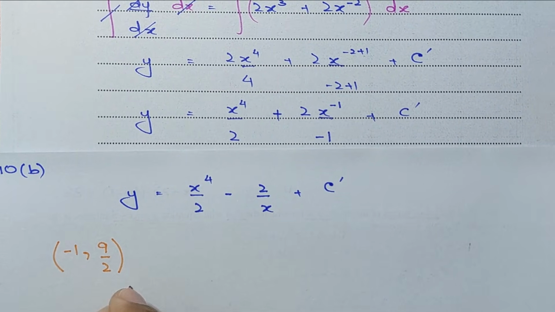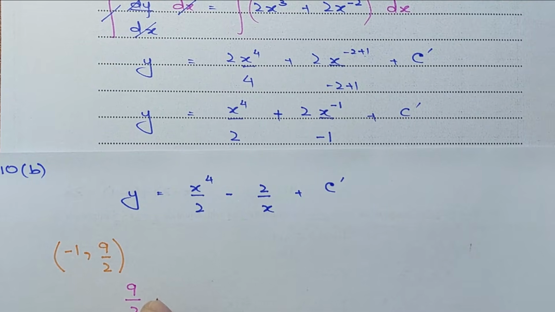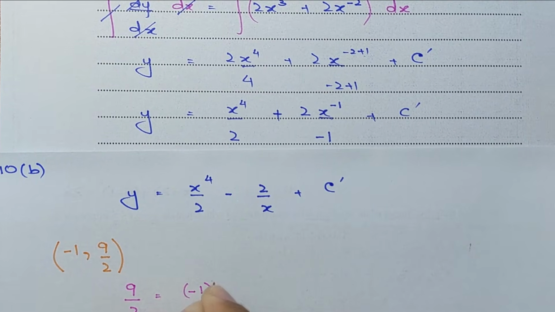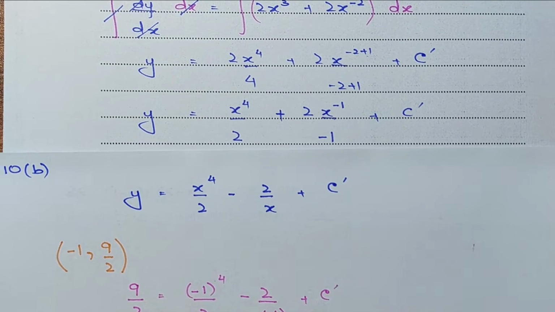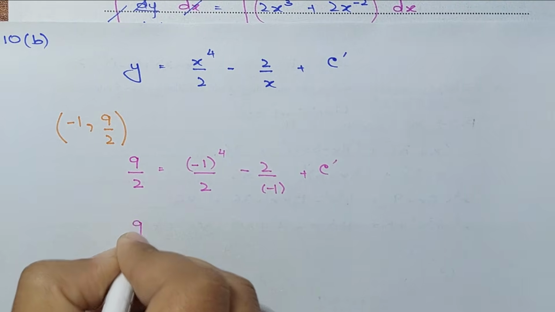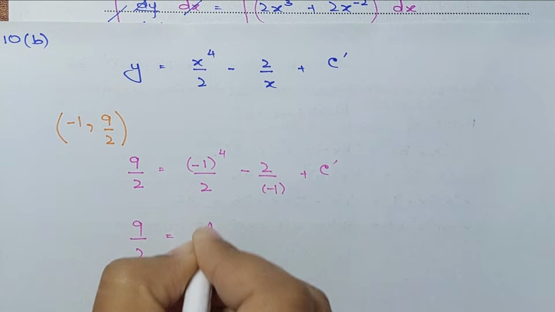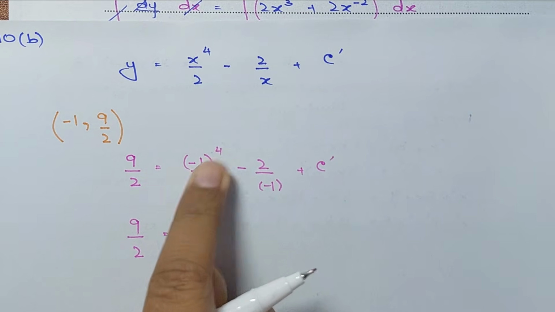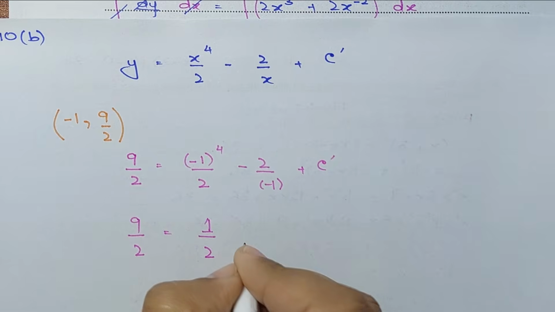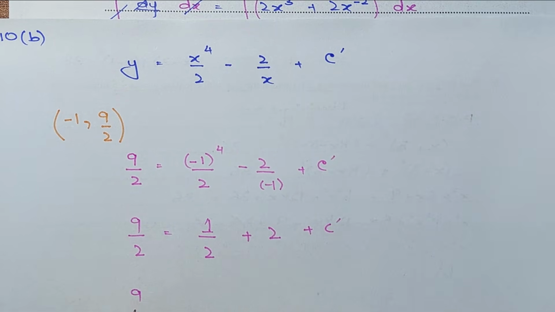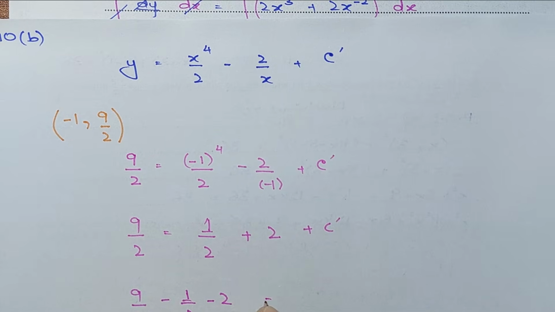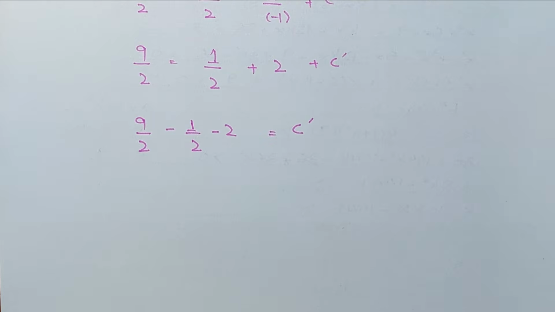The y value is 9/2, the x value is (-1) to the power 4 divided by 2 minus 2 over -1 plus the constant of integration, right? This is 9/2 equals 1 over 2 because -1 to the even power is positive, plus 2 plus c prime. So 9 over 2 minus 1 by 2 and minus 2, this would be your constant of integration.